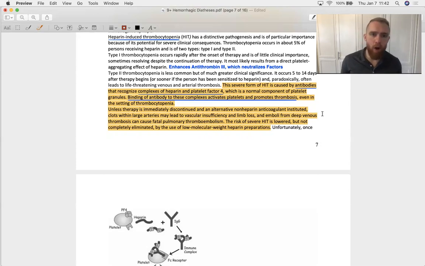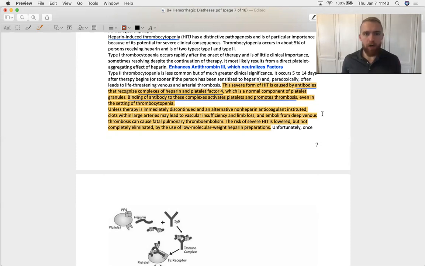Now, if you give someone heparin, you might see an autoimmunity against platelets that activates those platelets. And that's heparin-induced thrombocytopenia.